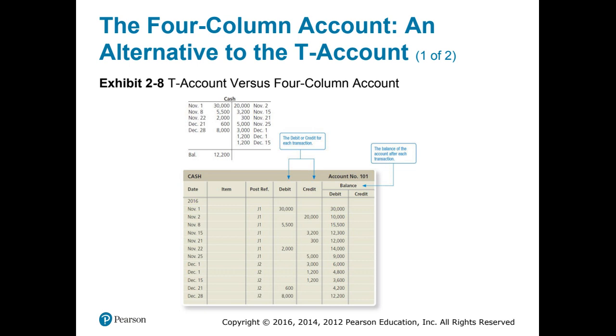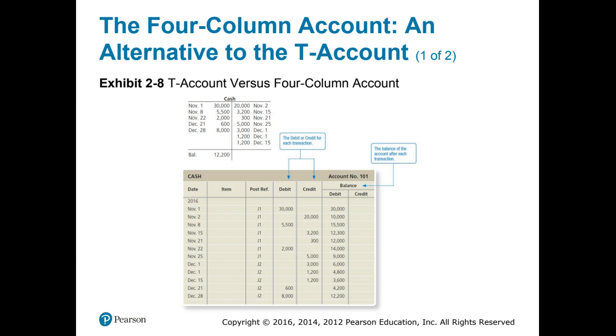So on November 1st, we had a debit for this amount here. November 2nd, we had a credit for this amount here. And then we're going to list out the balance in that account after each transaction. So we started with a debit of 30,000. Then we had a credit of 20,000. The difference of the 30 and the 20 is 10, so now our balance in this account is a debit of 10,000.